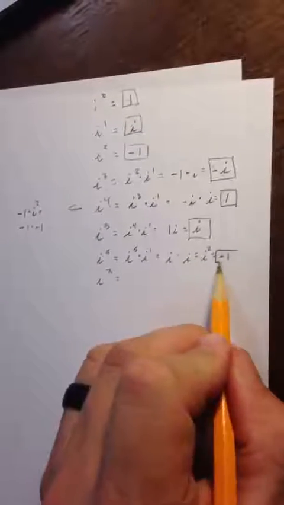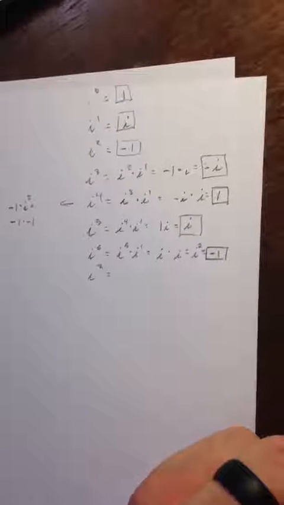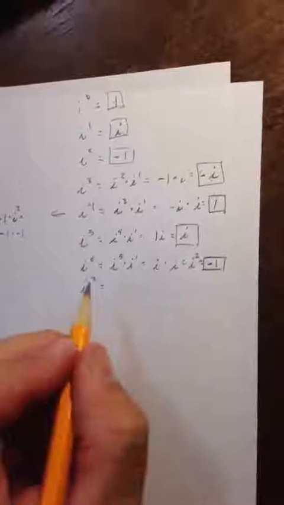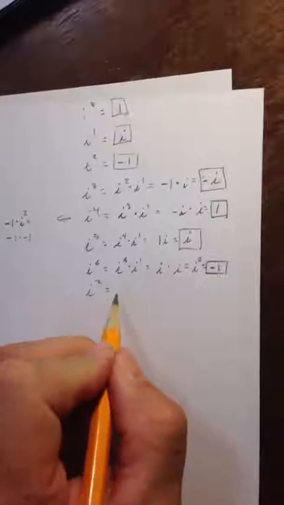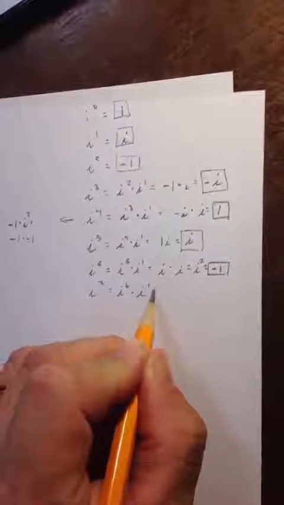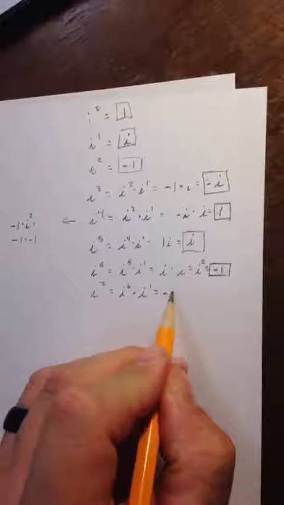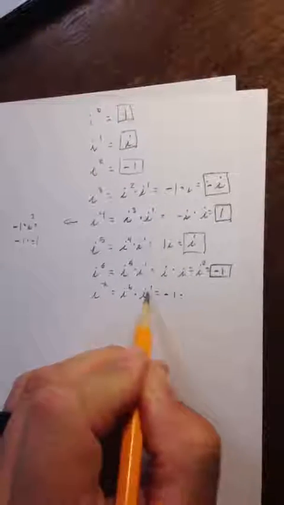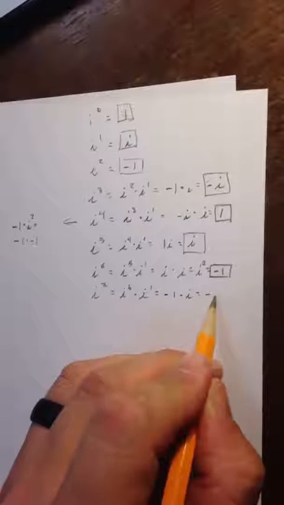Lo and behold, it does seem to be unraveling like that, doesn't it? All right, so i to the seventh, that'd be i to the sixth times i to the first. So i to the sixth is negative 1 times i, which is negative i.